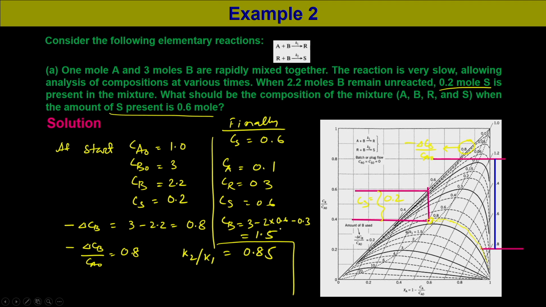So, we can obtain the composition of the mixture, that is A, B, R and S.